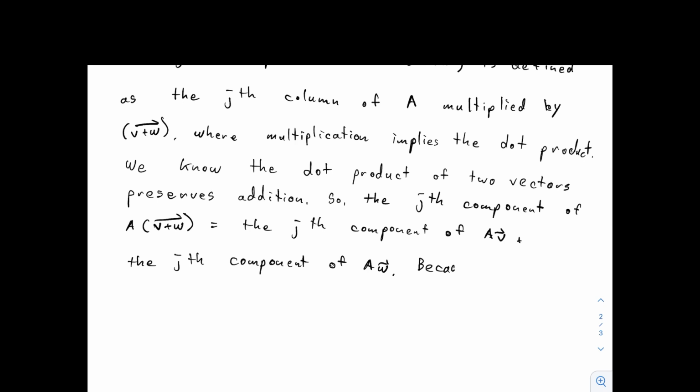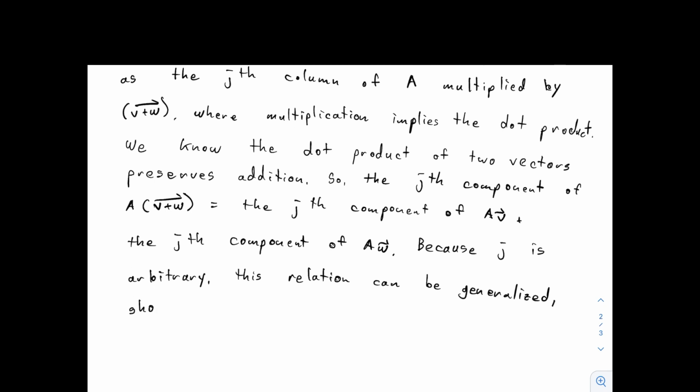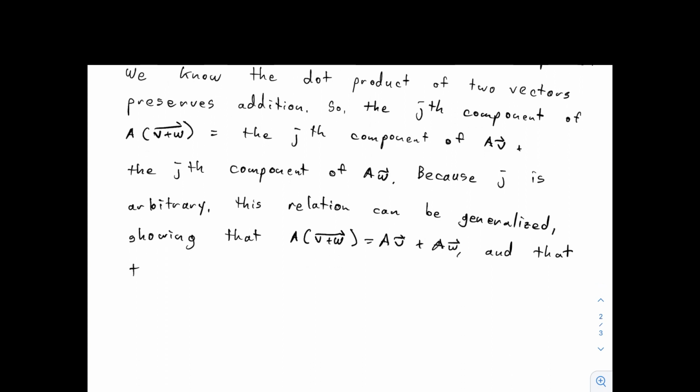Because j is arbitrary, this relation can be generalized, showing that A of v plus w is Av plus Aw, and that this transformation preserves addition.